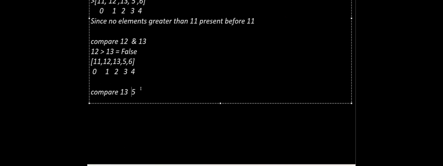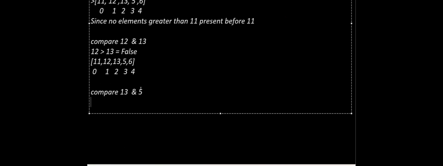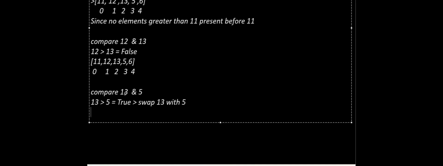I would like to compare 13 and 5 now. By comparing these two, is 13 greater than 5? Is it true or not? Since it is true, I need to swap 13 with 5 based on their indexes.